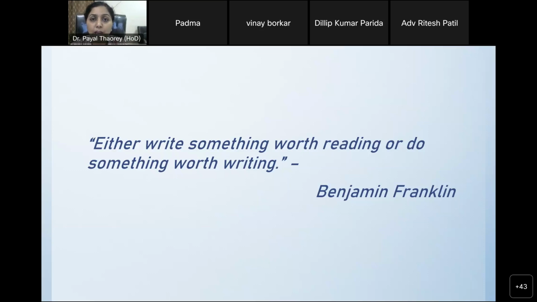It should be easily understood and relatable to them. Unless that type of content is there, nobody is going to read it. Otherwise it is just a piece of paper, and yes, it is published, but it is of no use. So whatever writing you do, it should be worthy. If it is not worthy, you won't find a reader for it.